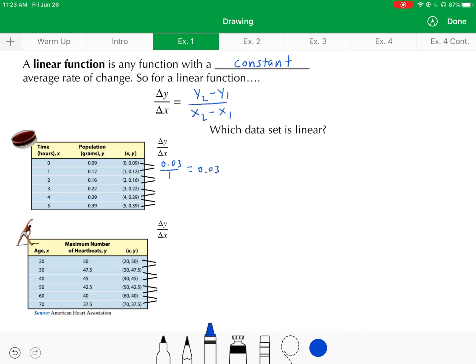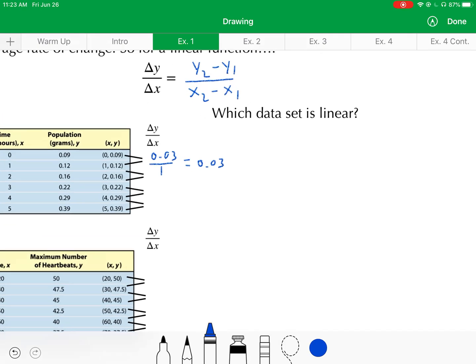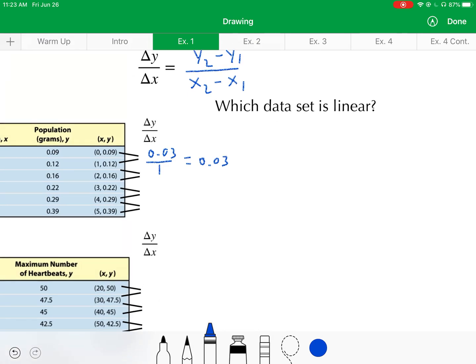But then when you go from the second point to the third point, your average rate of change is now 0.04 over 1, or 0.04. The fact that the change of y divided by the change of x is not constant means that the data is not linear.